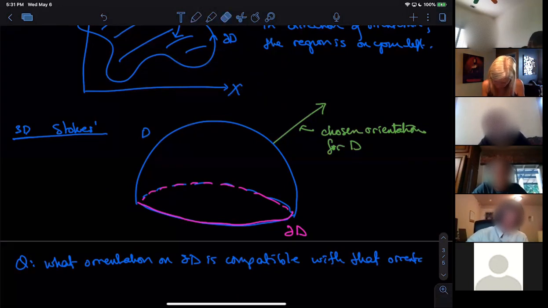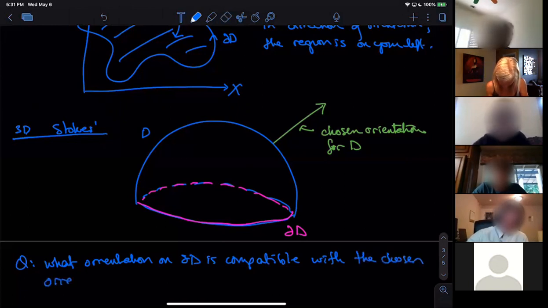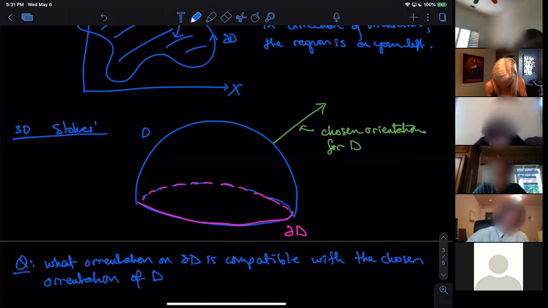With the chosen orientation of D itself, here's how you decide.